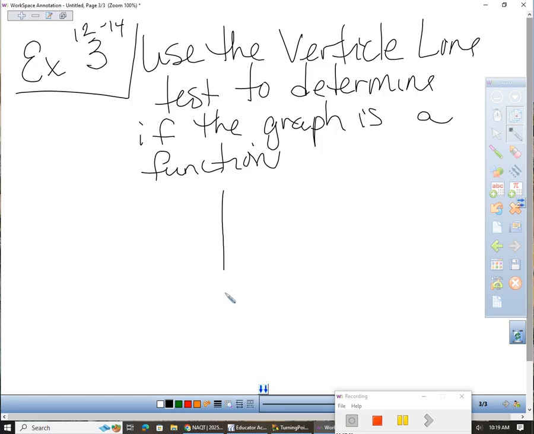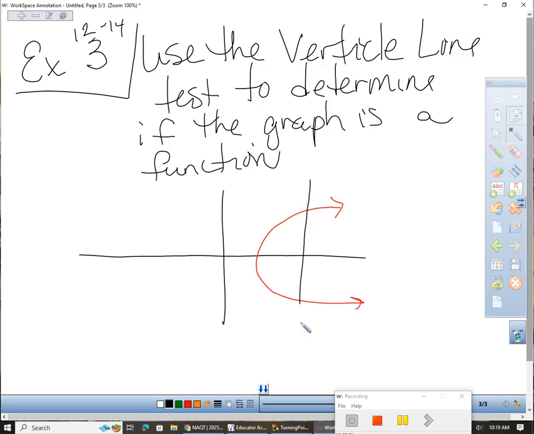So you're going to have a graph. And let's say your graph looks like this. I want to know if this is a function. If I were to draw a vertical line down, it crosses in more than one spot, right? So this would be no.